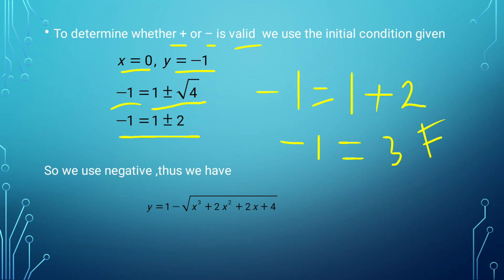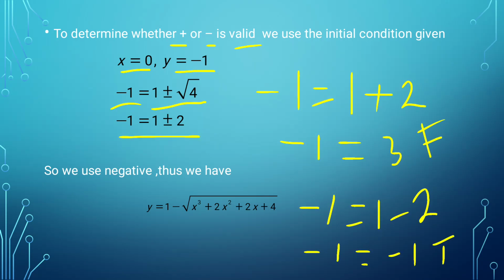Okay, then the other one is -1 equal to 1 minus 2, so that's a case of negative. So we have -1 being equal to -1, which is true, and therefore that tells us that our solution is valid on the negative sign.